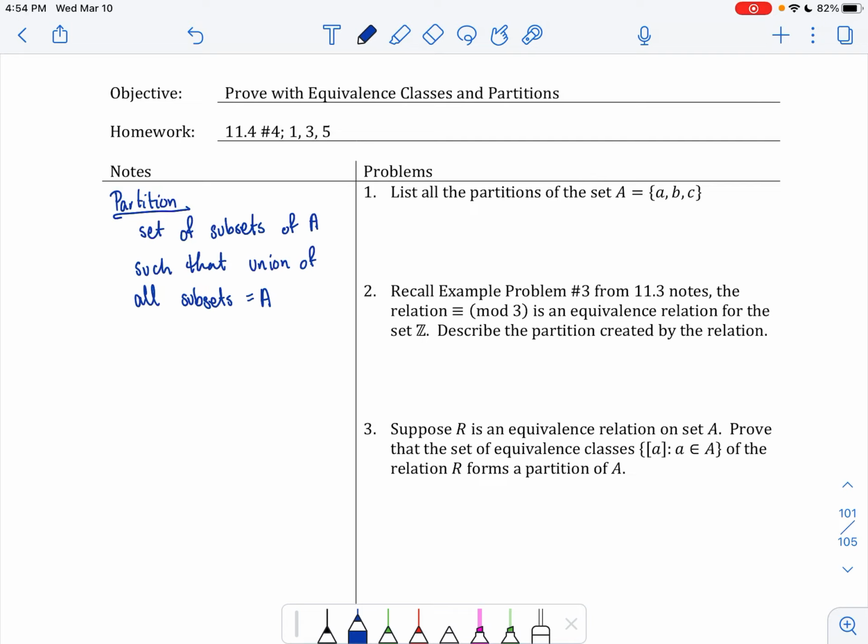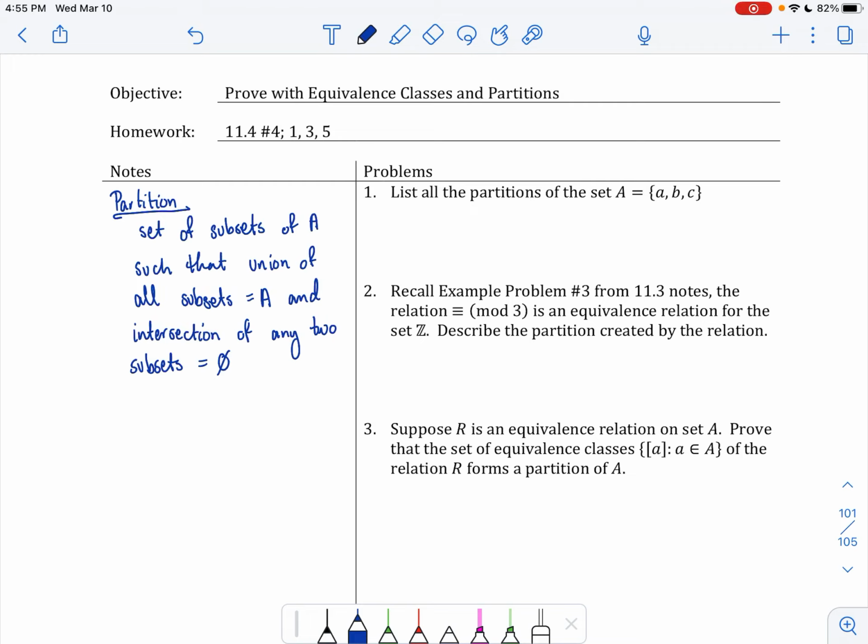Every single element is in one of the subsets, and the intersection of any two subsets is the null set. So the idea here is that no element is in multiple subsets and every single element is in one of the subsets.